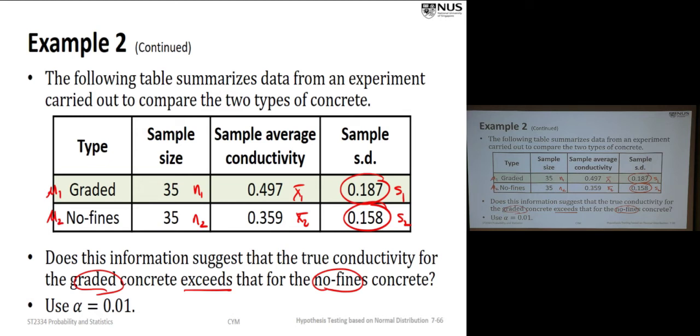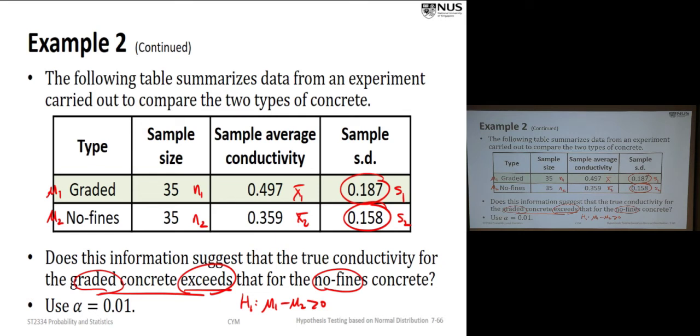So you have to set your alternative correctly, to reflect what you are asked to do. Here, my alternative will be mu1 exceeds mu2. But if you take grade as mu2 and no fines as mu1, then you have to adjust your alternative accordingly.